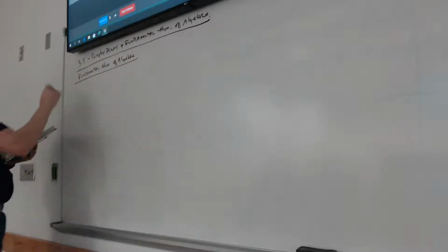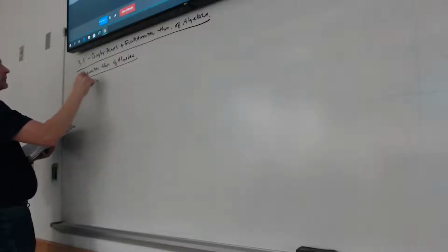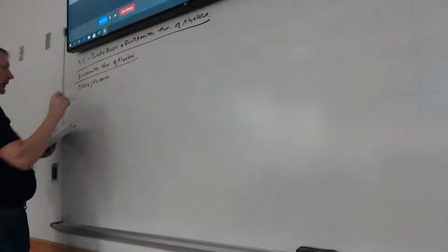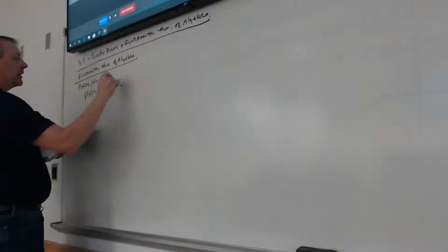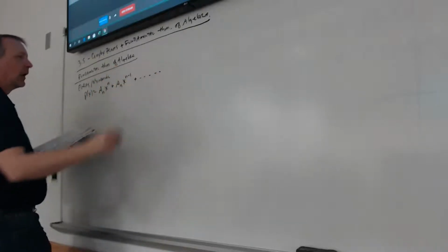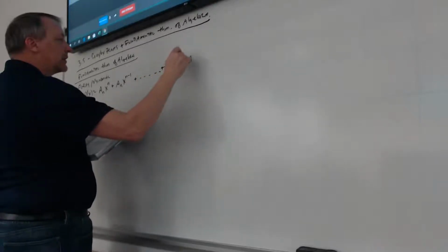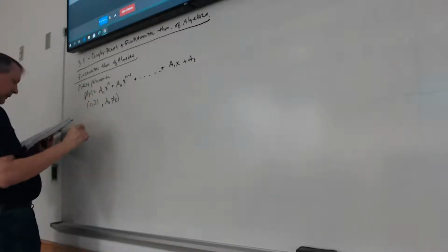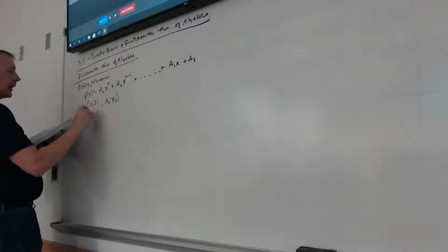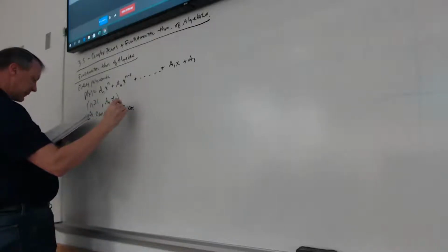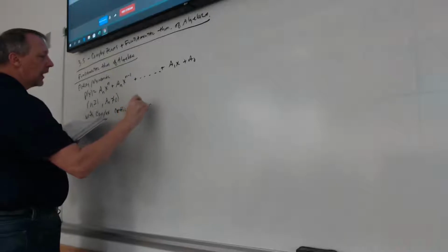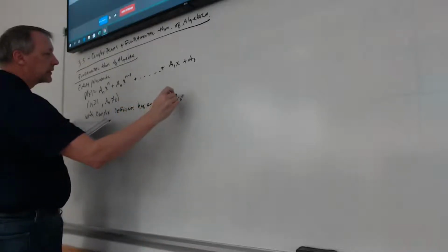It says basically every polynomial p of x equals a sub n x to the nth plus a sub n minus 1 x to the n minus 1 plus etc., all the way until you get down to a sub 1 x plus a sub 0, where n is greater than or equal to 1 and a sub n cannot equal 0, with complex coefficients, has at least one complex zero.